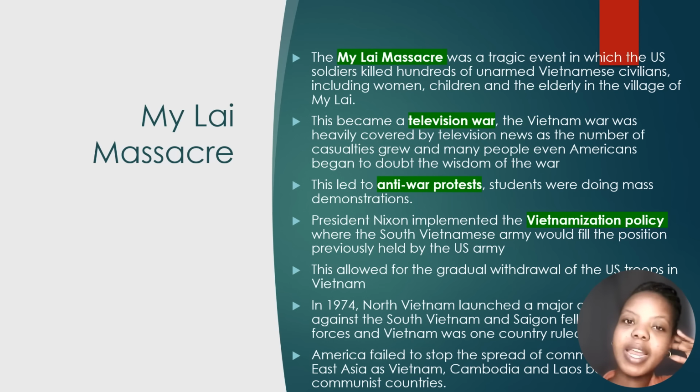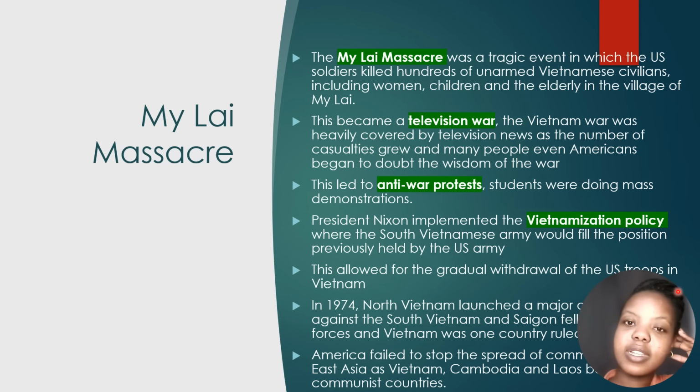The My Lai massacre was a tragic event in which the US soldiers killed hundreds of unarmed Vietnamese civilians, including women, children, and the elderly in the village of My Lai. It became known as a tragic event whereby a lot of people were killed. Women and children were killed by the US troops as they were searching for the Viet Cong.